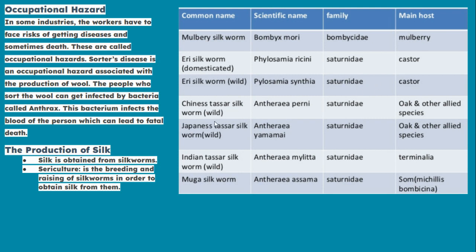Chinese tasar silkworm wild, Antheraea pernyi, family Saturniidae, and main host oak and other species. So these are common names, these are scientific names, these are family and main host. So the different one is the mulberry silk moth; its family is different.